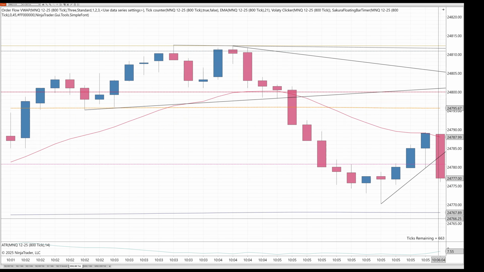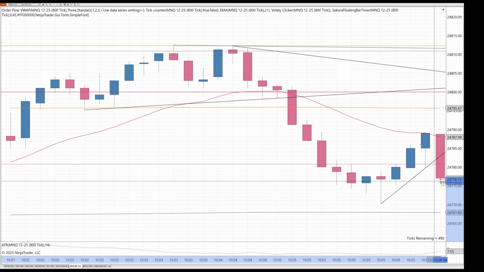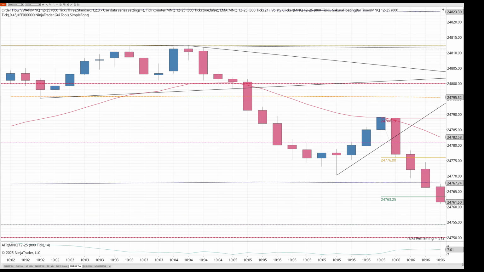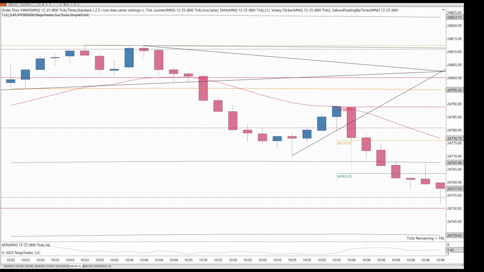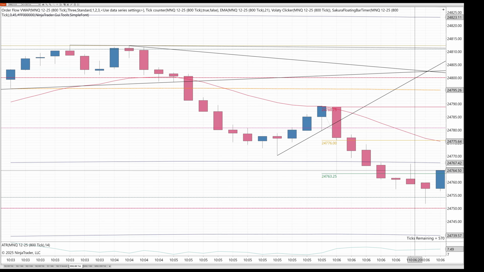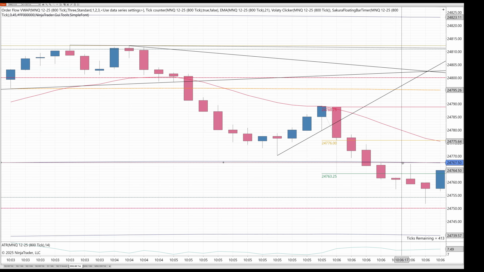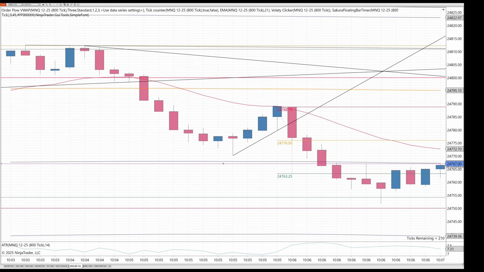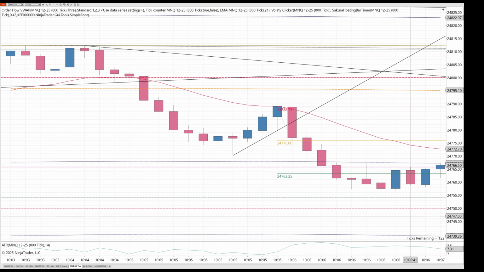Problem is we have that standard deviation level below us, so we can't take it. We'll go ahead and measure it out. It did end up working, and I'm not sure if the runner has been taken out yet. It's kind of hard to tell. I'm going to assume the runner's right there. And there, the runner finally gets taken out right here.